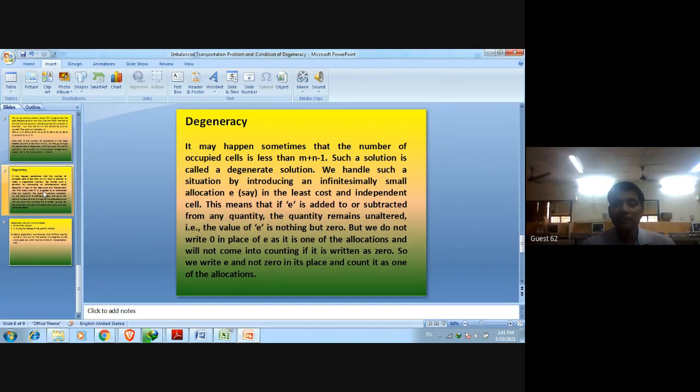But sometimes the allocation is not equal to m plus n minus 1. Means the number of allocated cells is less than m plus n minus 1. Then such a situation is called degeneracy, and the solution is called a degenerate solution.